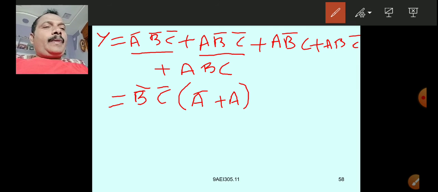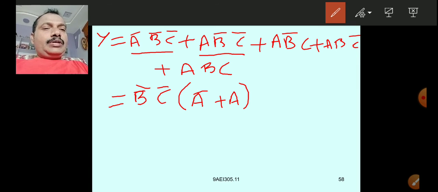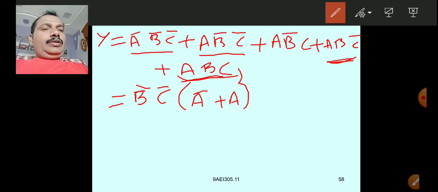Now let us observe the last two terms. This term is A B C bar, this is A B C. Out of these, you can take AB common.